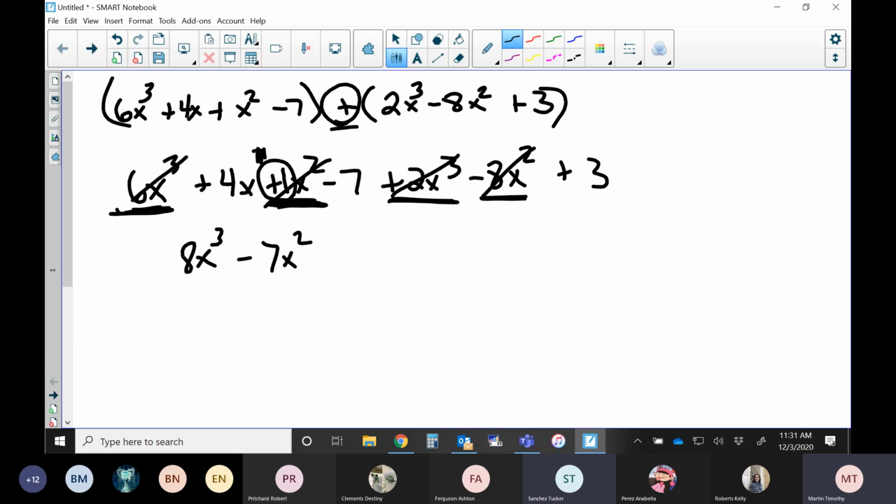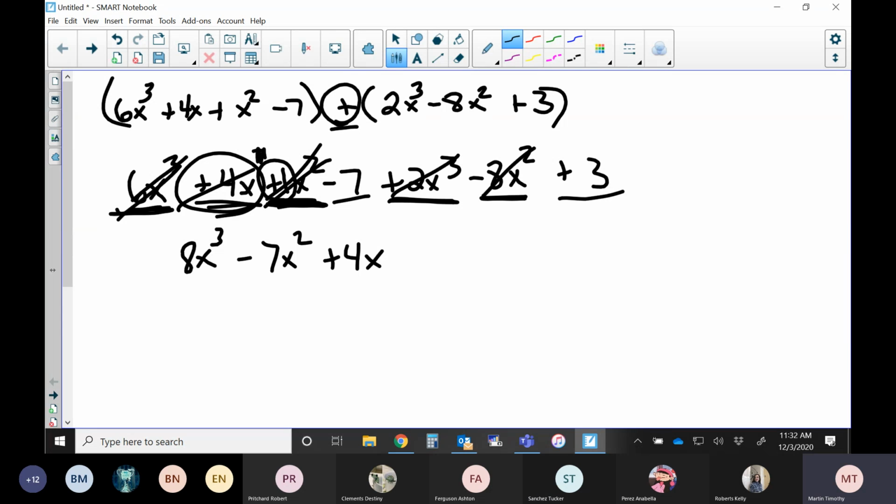Does it have anything else in common? No, there's not. See, everything else is marked off. The only thing that's left is a 7 that doesn't have an x, and a 3 that doesn't have an x. So this guy is all by itself and doesn't have any common terms. So I just write the plus 4x down there. Does that make sense?